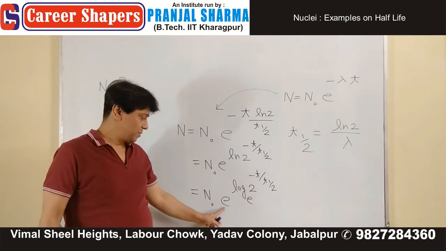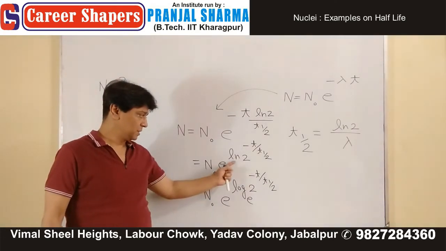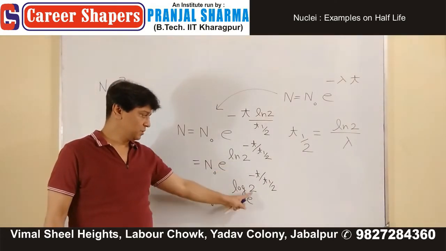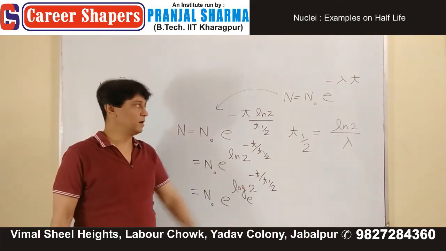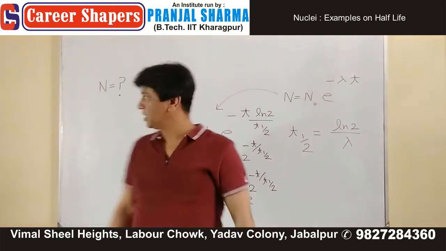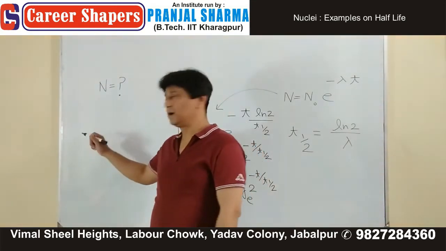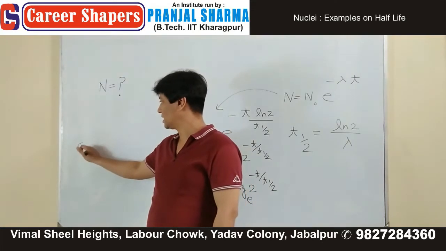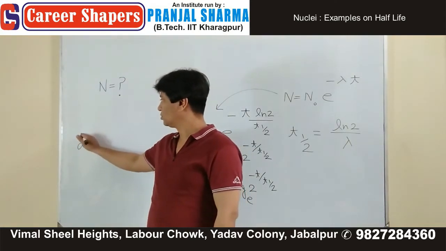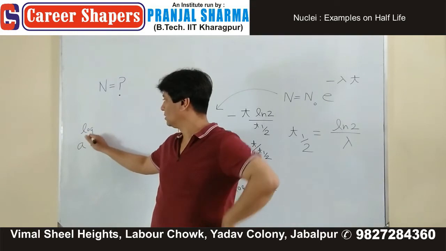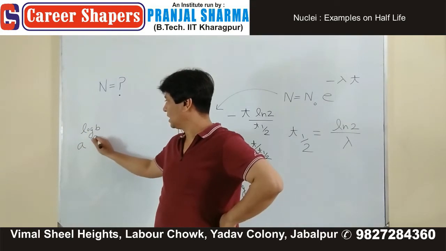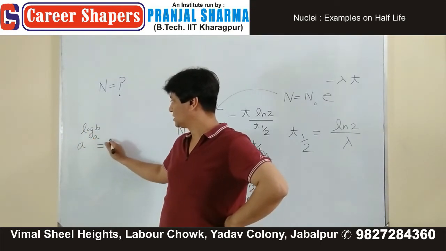N naught multiplied by e to the power log base e of 2 to the power minus t upon t half. I had given you a hint that if you ever see something like this, a to the power log b base a, then the whole thing is simply what?